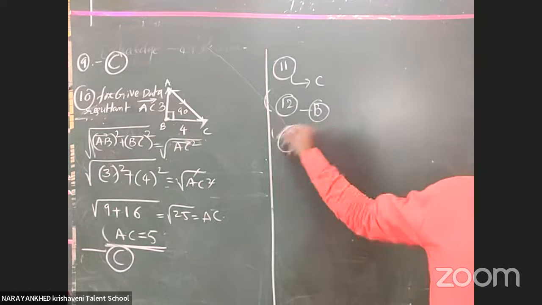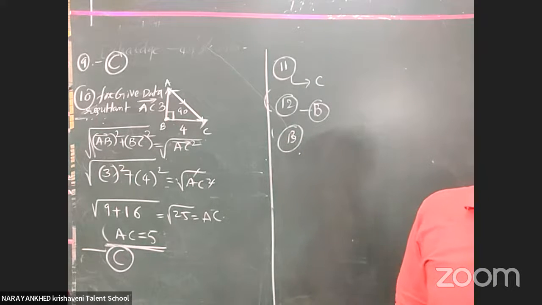Next, 13th question. Which of the following pairs are vector quantities? Weight and mass, velocity and speed, force and acceleration, velocity and energy. Here energy, speed, and mass are all scalar quantities only.